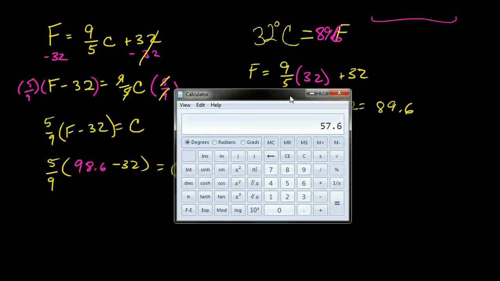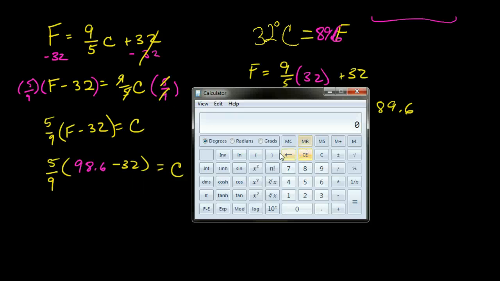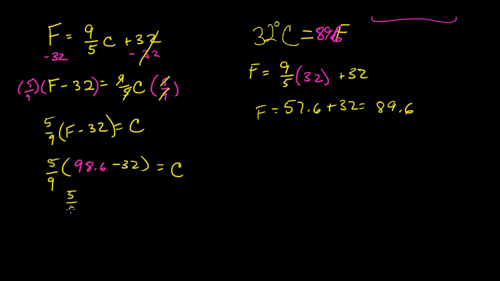All right, let's clear that, and we'll say 98.6 minus 32 is 66.6, so that'll be 5/9 of 66.6 degrees.